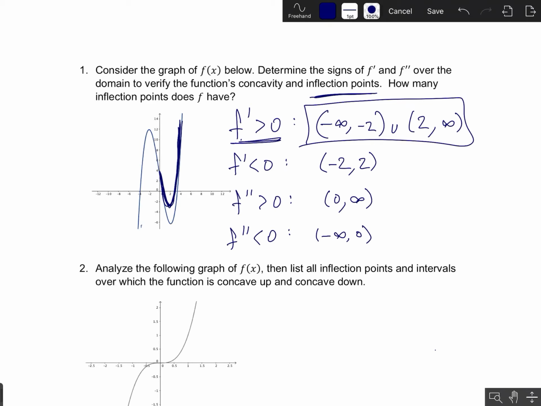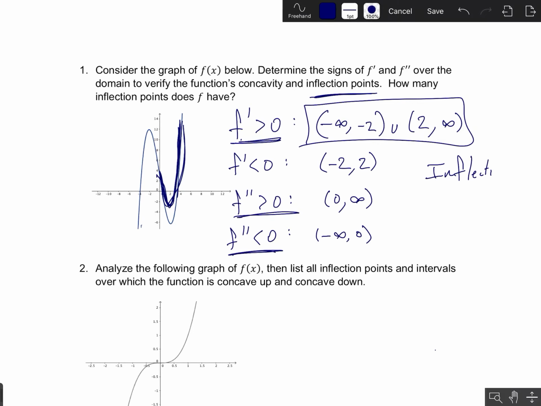So now we've determined the signs of everything to verify this concavity. It'll be concave up in this region, and it'll be concave down over here on this side. And lastly, we wanted to find any inflection points. In this case, we know that we go from being concave down to being concave up only at a single point, and that seems to happen at 0.